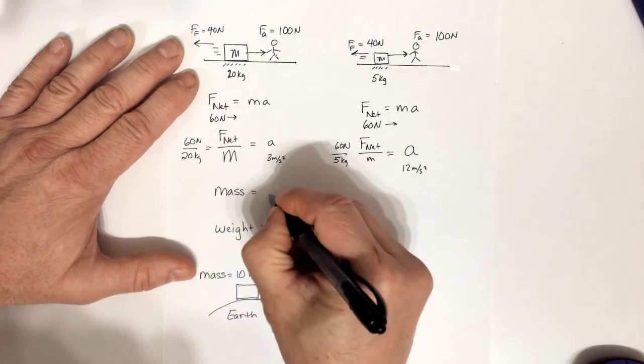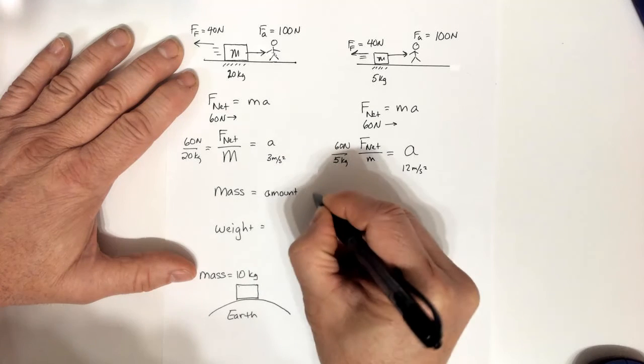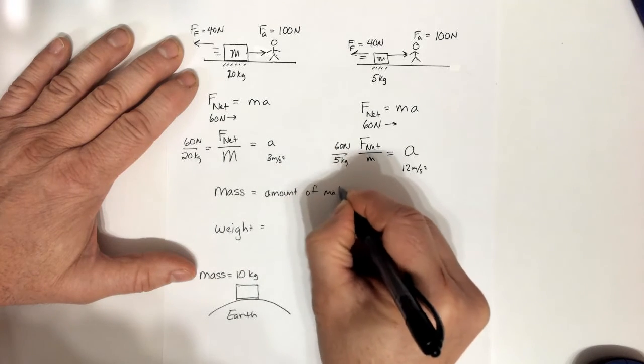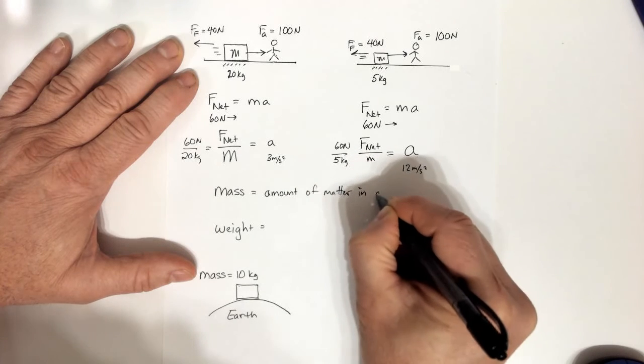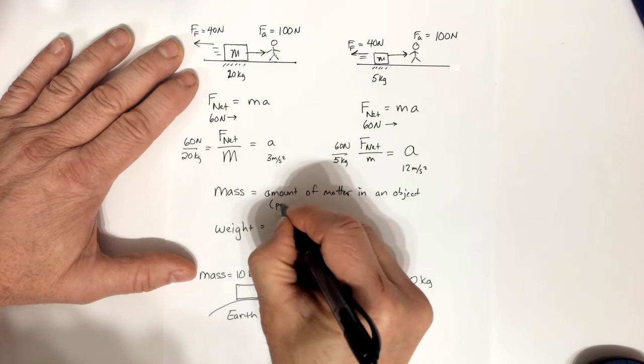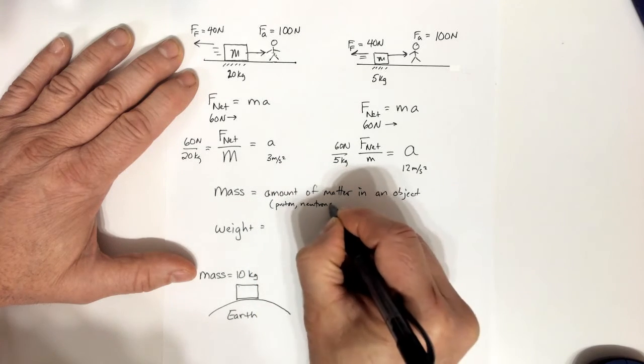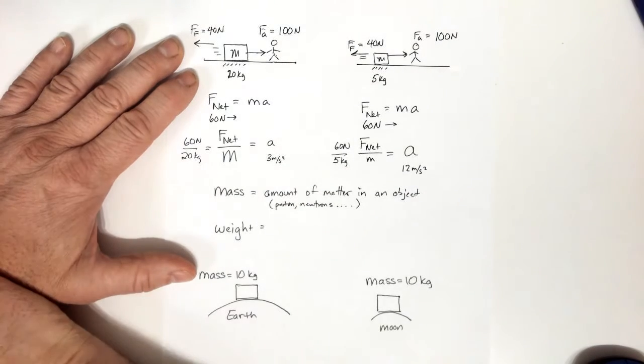So mass is the amount of matter in an object. And that can be all the protons and neutrons and all those little pieces that we have inside of material.